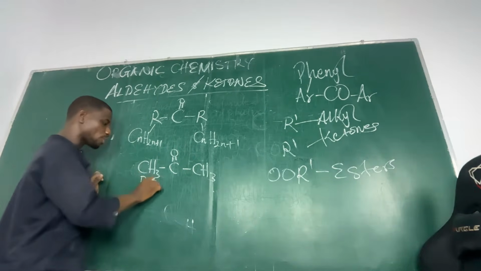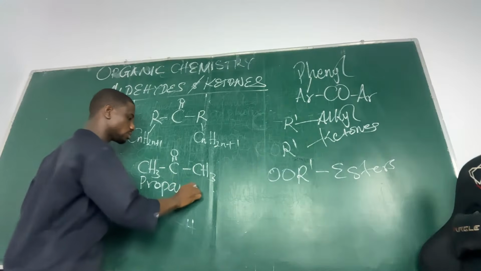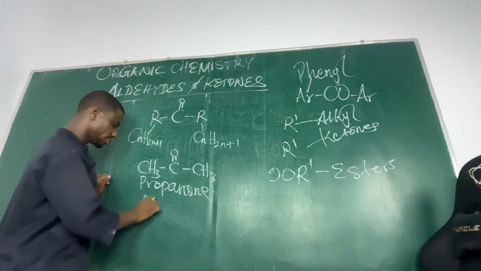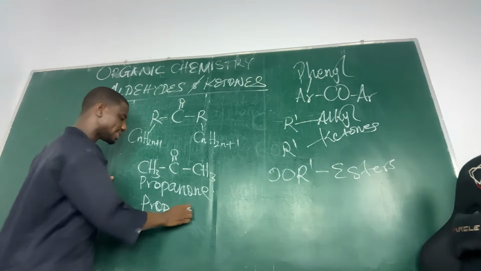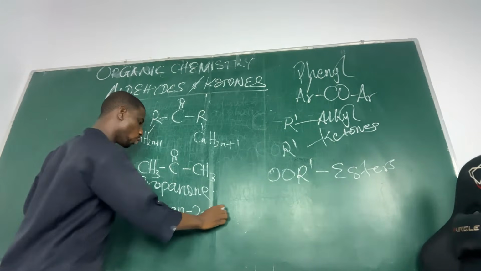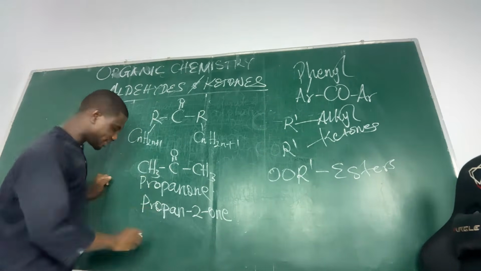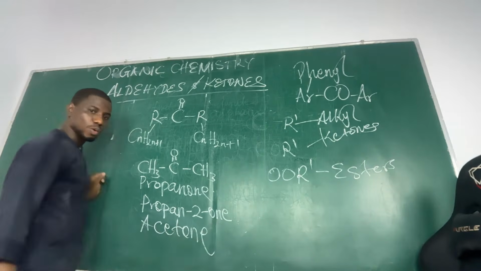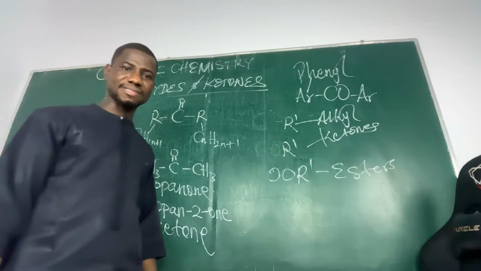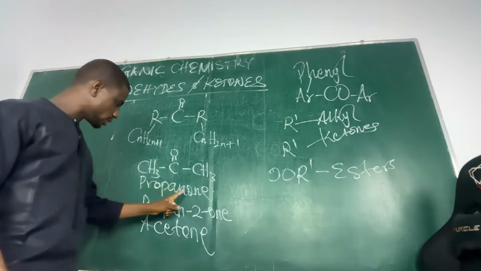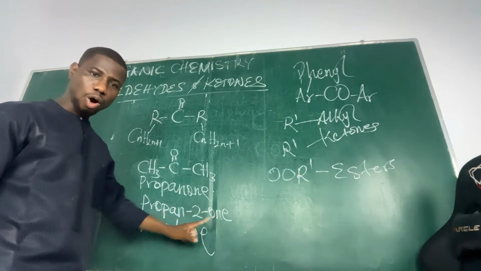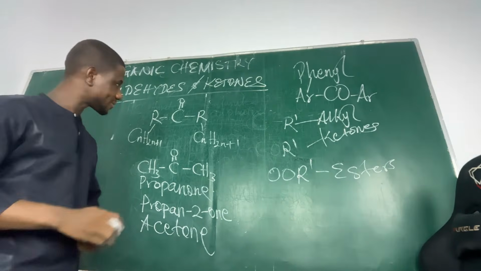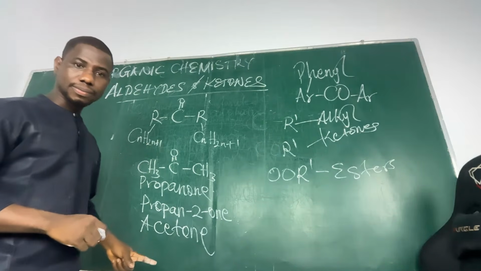So this is propanone, or you call it propan-2-one, or you call it acetone. Propanone, propan-2-one, or what? Acetone. Very, very important. This is for alkanone.